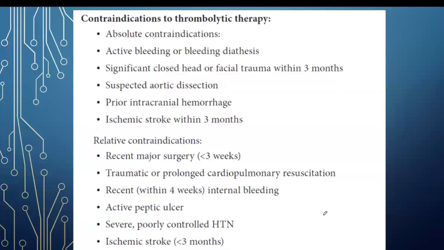Now, we were discussing that some patients might require fibrinolytic therapy, especially patients who cannot have stenting. For those patients, we need to go for fibrinolytic therapy, like streptokinase or alteplase. Before we give that, we always need to make sure the patient has no contraindication to fibrinolytic therapy.